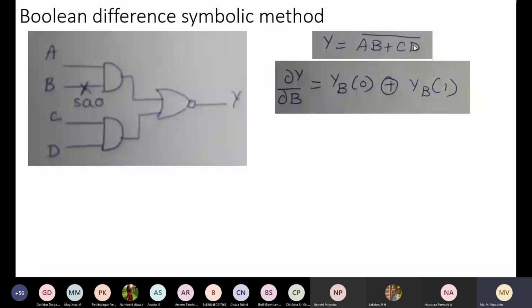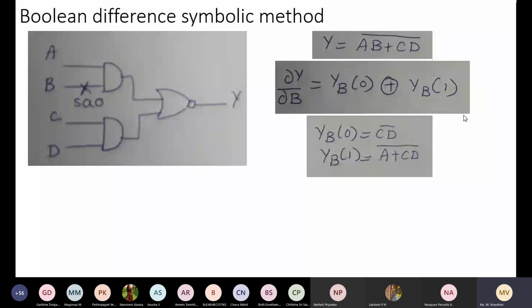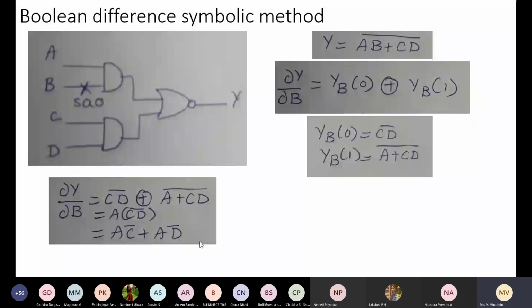Whatever expressions we get after substituting B as 0 and B as 1, we need to XOR them. When you XOR them, you get a final expression: AC bar plus AD bar. With this, I need to multiply the variable B, either B as such or B bar. That depends upon the fault which is present here.